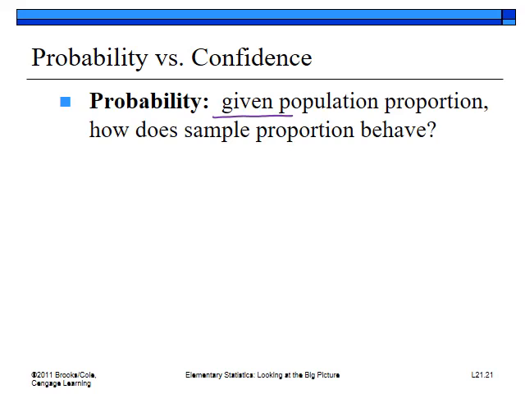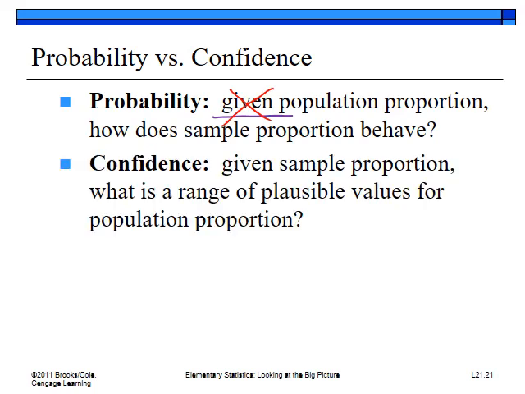So that population proportion is not given. That moves us into the realm of confidence. When we're talking about confidence, in this case, we're given a sample proportion, and we want to know what the population proportion might be. Well, we can use the point estimate to get a guess, but what we're going to be more interested in is reporting a range of possible values. That range would be a confidence interval.